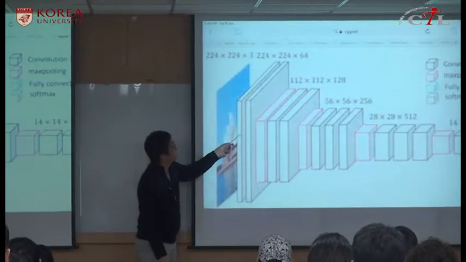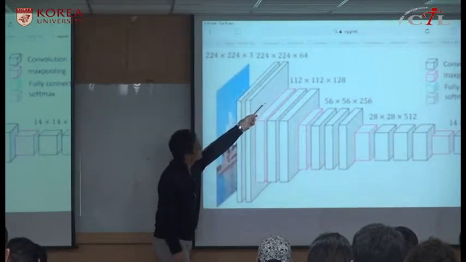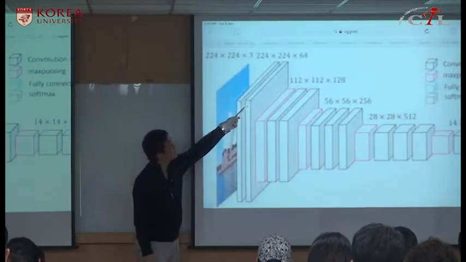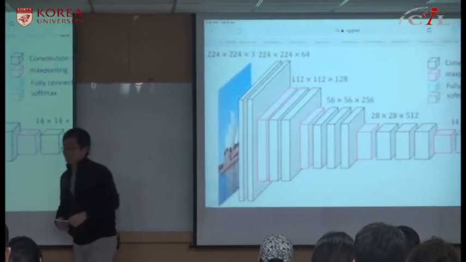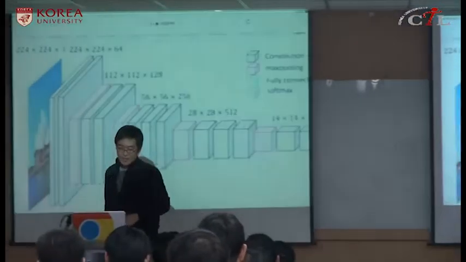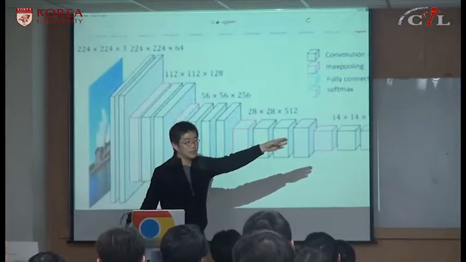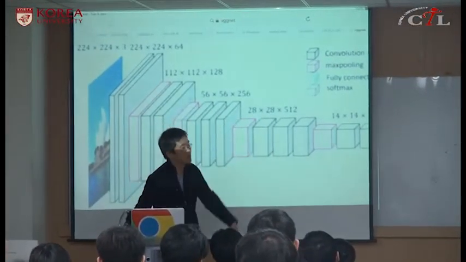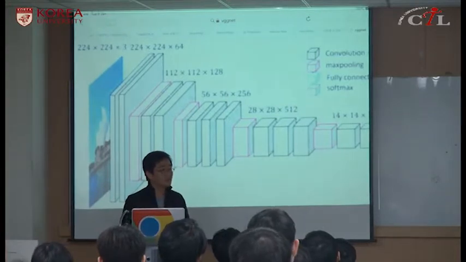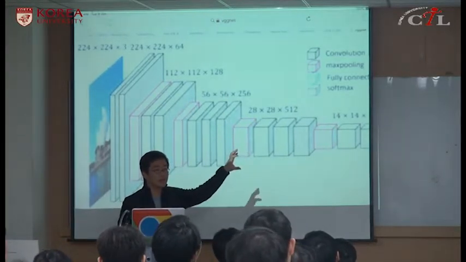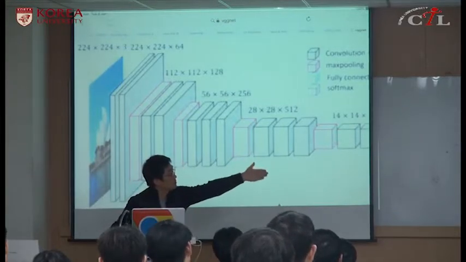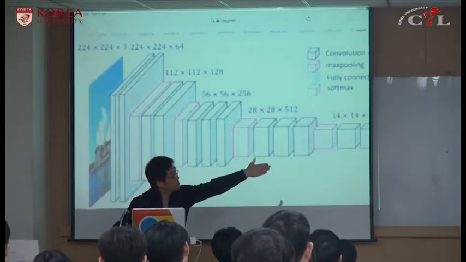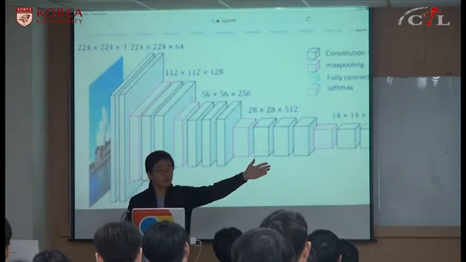If we read the number, it is 112 by 112, which is exactly half of 224, right? So you can roughly read the convolutional neural net structure from that pattern of changes in the activation maps, like conv-ReLU, max pooling, and also conv-ReLU, max pooling, and so on, right?